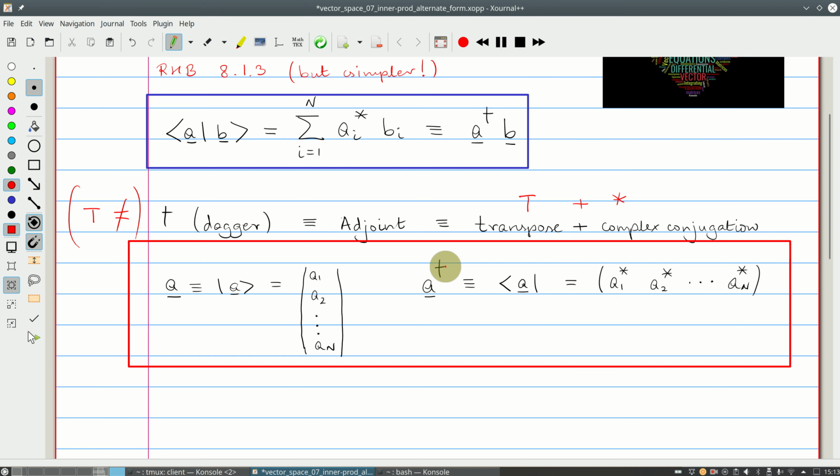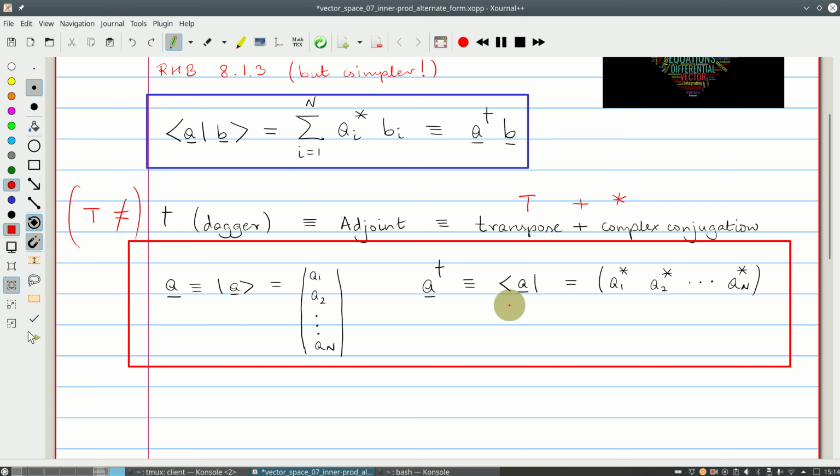And if you haven't understood that, then it's a question you should be raising at a tutorial session. So what does the dagger do? Well, the dagger does a transpose. Transpose means if you take a column vector, it becomes a row vector, and a complex conjugation. So the transpose gives us this thing here, where this column vector has become a row vector where each term has been complex conjugated.